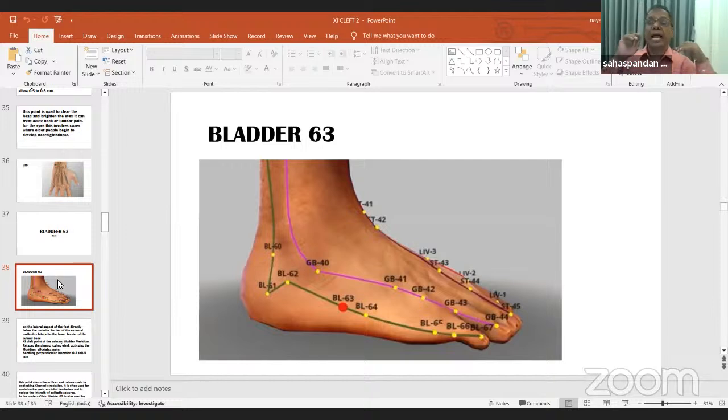See the red spot, bladder 63, on the lateral part of the foot. It is directly below the anterior border of the external malleolus. So this is the external malleolus, and see the anterior border.